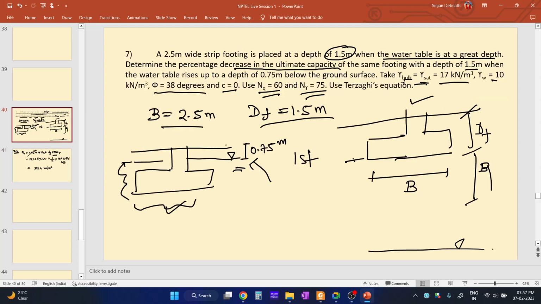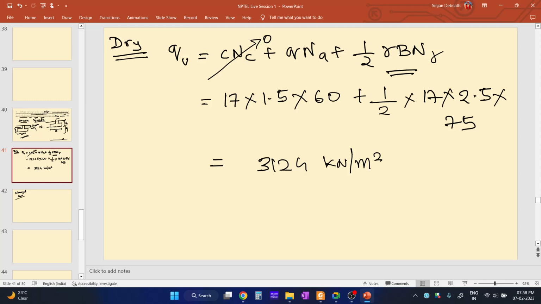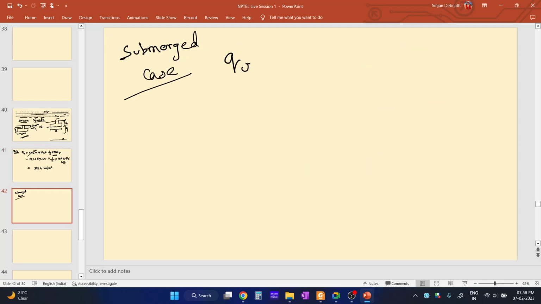For the submerged case, q_u equal to q into Nq plus half gamma B N gamma.